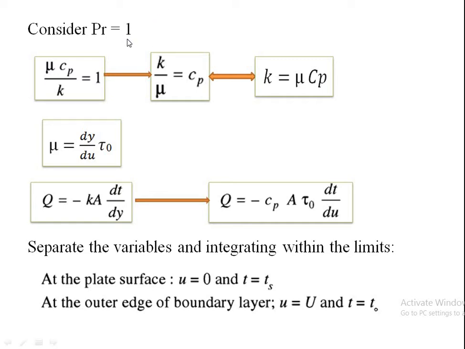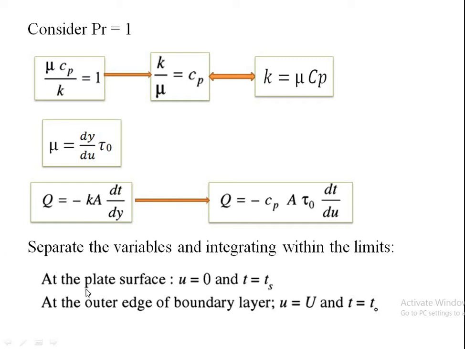Here the Prandtl number is equal to 1, that is nothing but velocity boundary layer is equal to the thermal boundary layer. So that is nothing but what? The velocity boundary layer line is collapsed with the thermal boundary layer line. So the thickness of thermal boundary layer at a given point is equal to the thickness of velocity boundary layer.